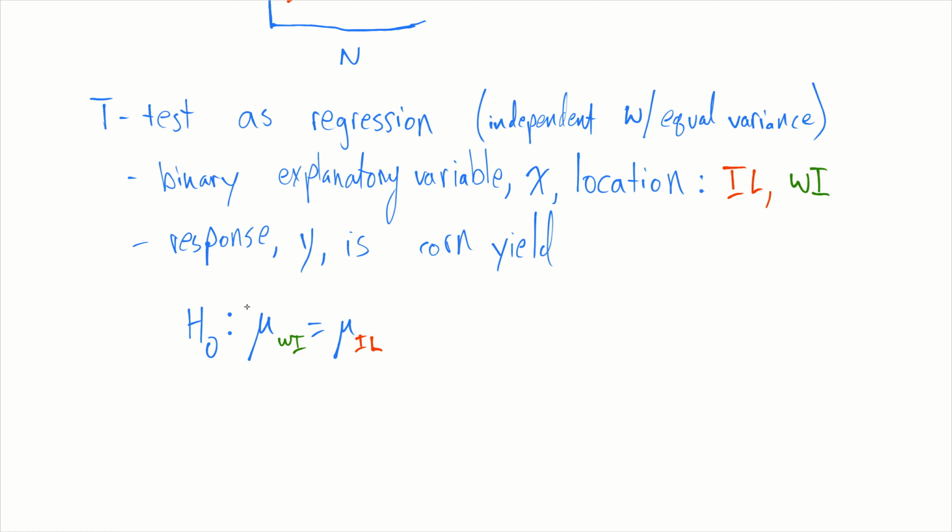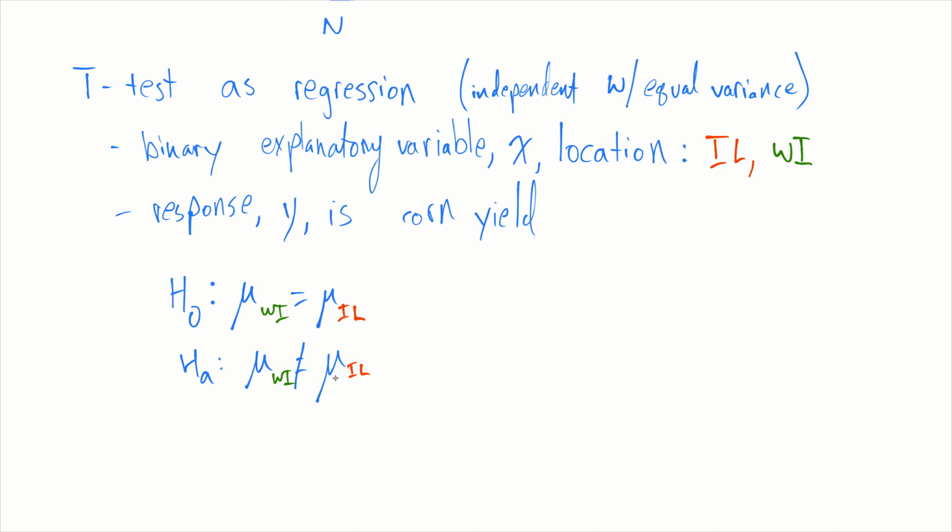Right, so we want to check, is the population mean yield of corn in Wisconsin equal to that in Illinois? Our null hypothesis would say that they are equal, versus the alternative, that mu of Wisconsin is not equal to mu of Illinois. So this is the t-test structure.